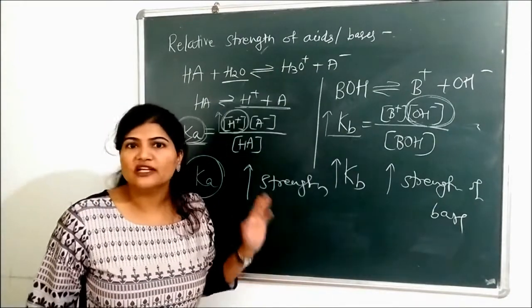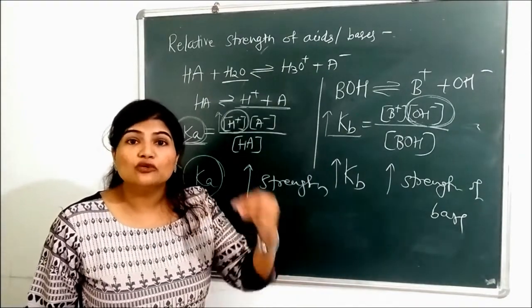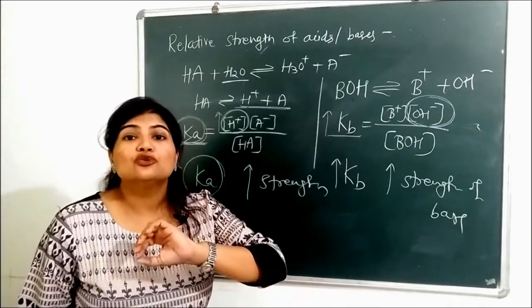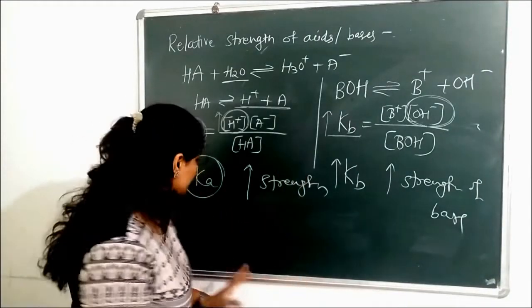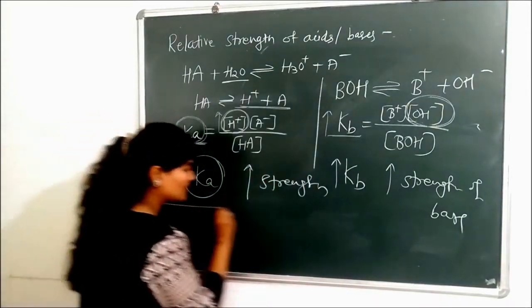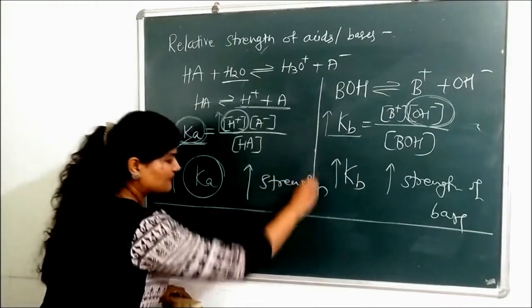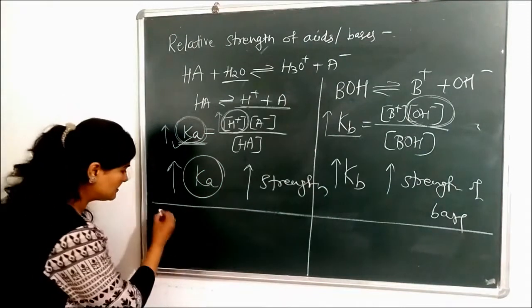Okay, theoretically you got it. I am going to give you an equation which you will use instantaneously for determining the relative strength of acids and bases, and I'm going to write the equation here. Just a ready-made equation.